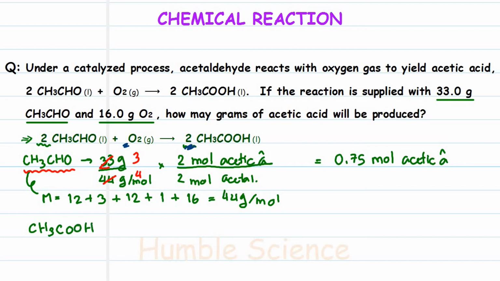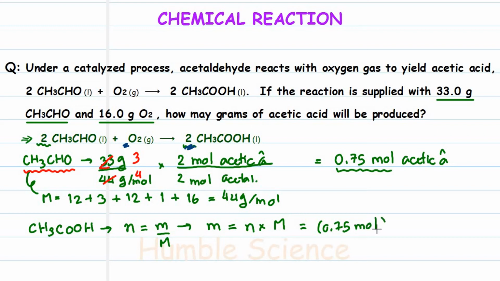So the acetic acid, CH3COOH, that is going to be produced, we can use n, which is mole, equal to mass divided by molar mass. So mass is gonna be equal to mole times molar mass, and we know that mole is 0.75 for acetic acid, and we're gonna have to find the molar mass.